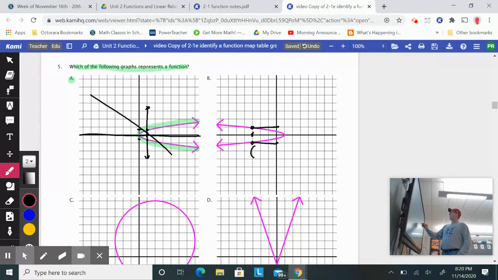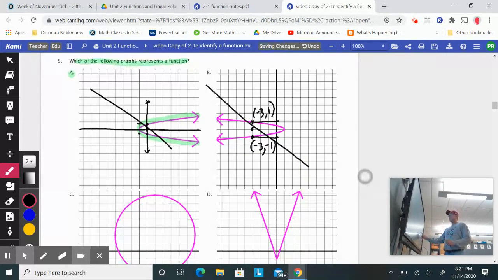So I should write that would be -3, -1. Come on, pen tool. And up here, this would be -3 and +1. Same input, -3, different outputs. Can't be a function. It's a relationship, but it's not a functional relationship.